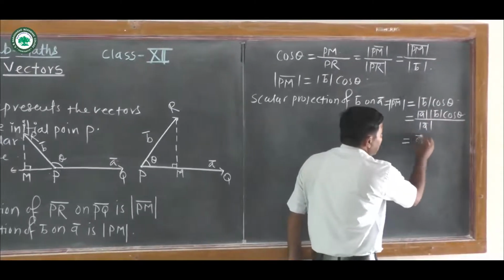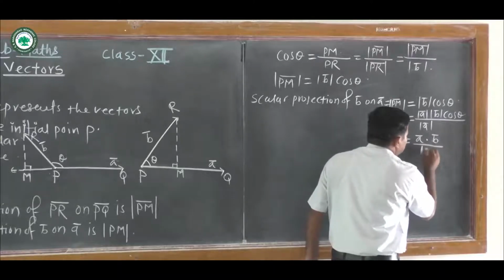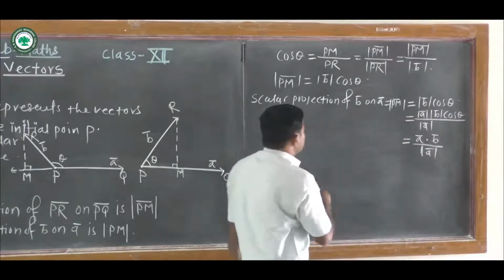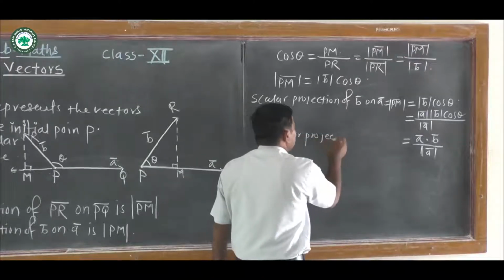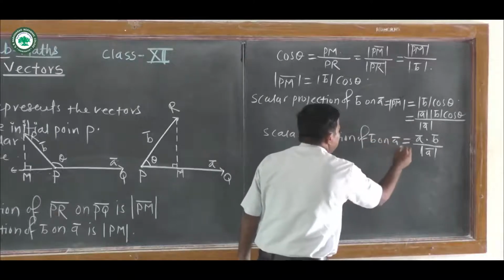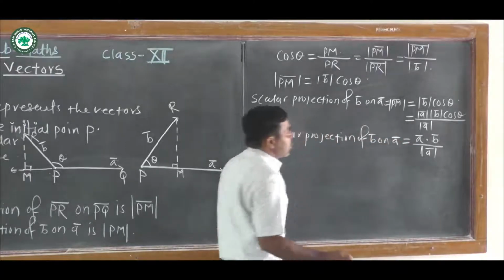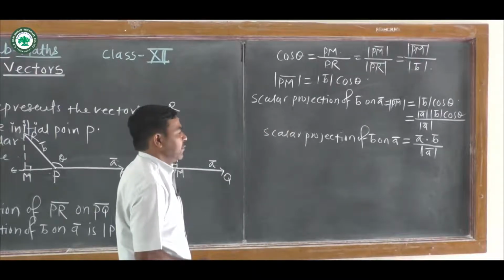So A bar dot B bar divided by the magnitude of vector A is the scalar projection of B bar on A bar.